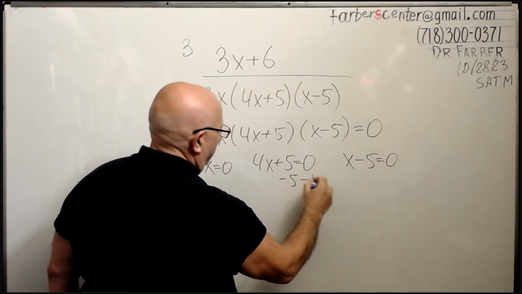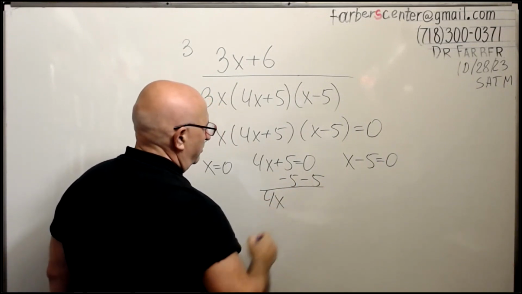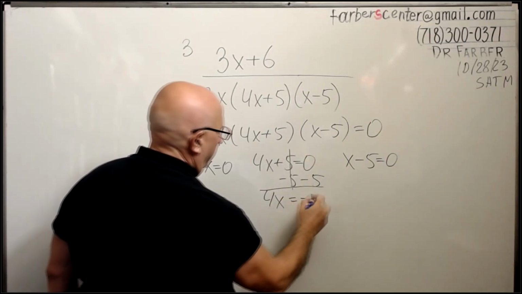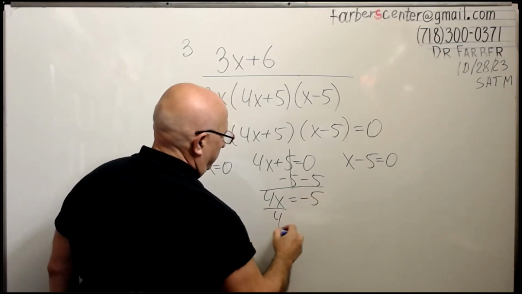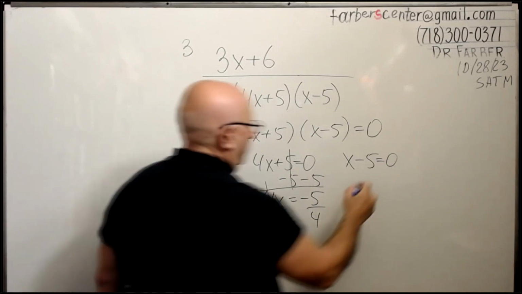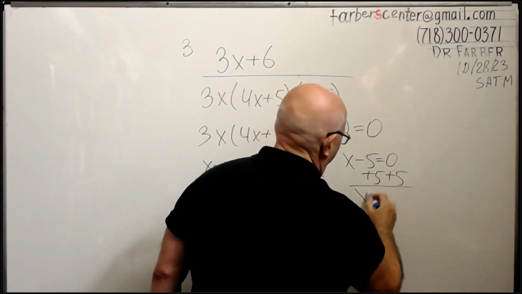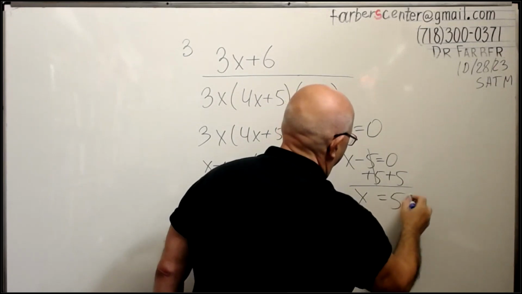Minus 5 both sides, bring down x, cancel out, equals negative 5, divide by 4. Plus 5 both sides, bring down x, cancel out, equals 5.